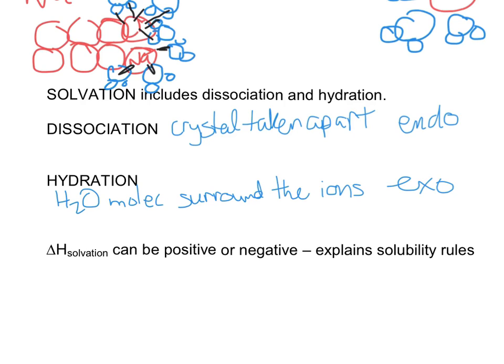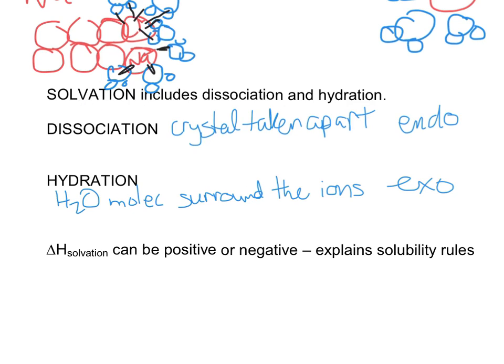The larger the ion, the less soluble it is, because then you have a harder time surrounding it. The smaller the ion, the easier it is to surround it, and the more exothermic. And so when you combine these two processes together, that's when you get solvation or dissolving.